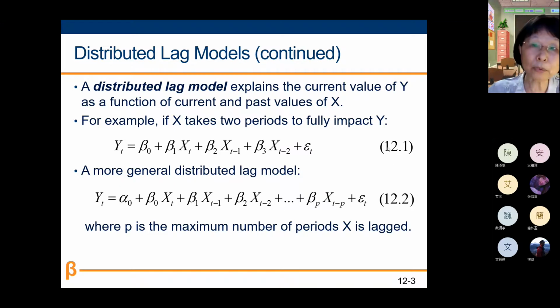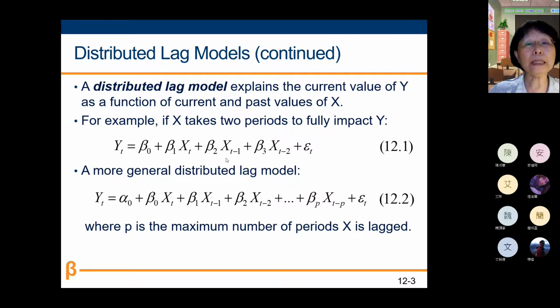So if I take 12.1 as an example, without t minus 1 and t minus 2, with 100 sample size data, I have 100 minus 2 equal to 98 degrees of freedom for the equation.